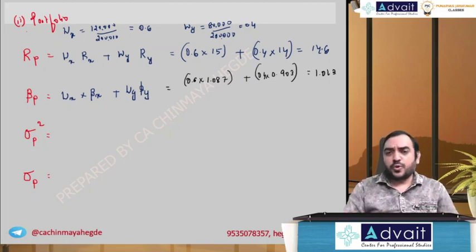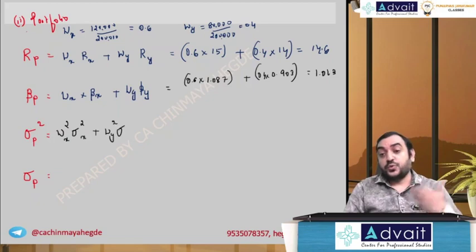Portfolio variance, I hope you know the formula, the A plus B all square formula. That is using Markowitz: Wx square sigma x square plus Wy square sigma y square plus 2 Wx Wy.